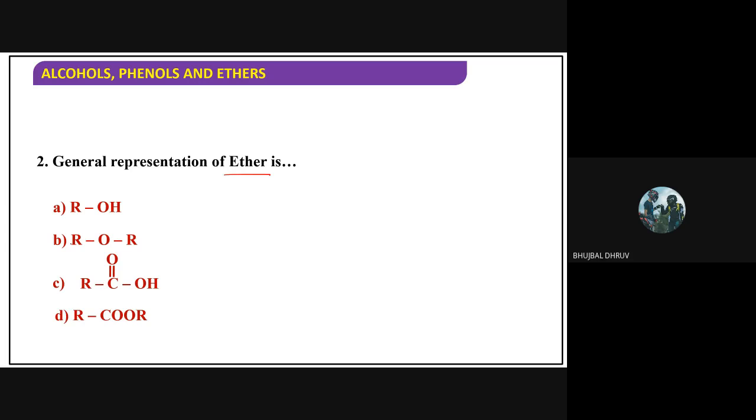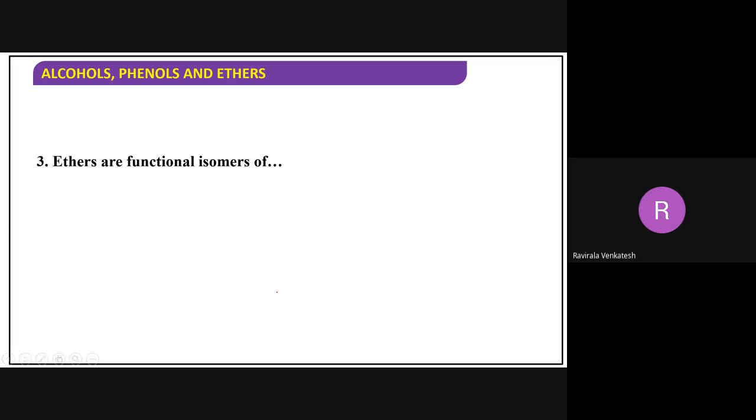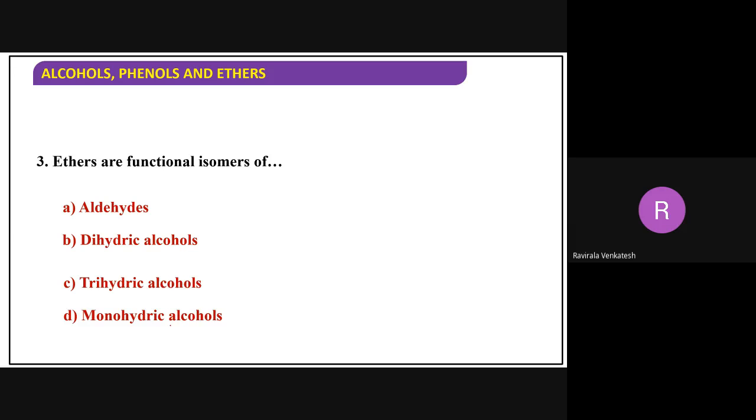This is for alcohol. This one is for ether. This one is for carboxylic acid. This one is for esters. Which are functional isomers here? Ethers are functional isomers with what? Aldehyde.